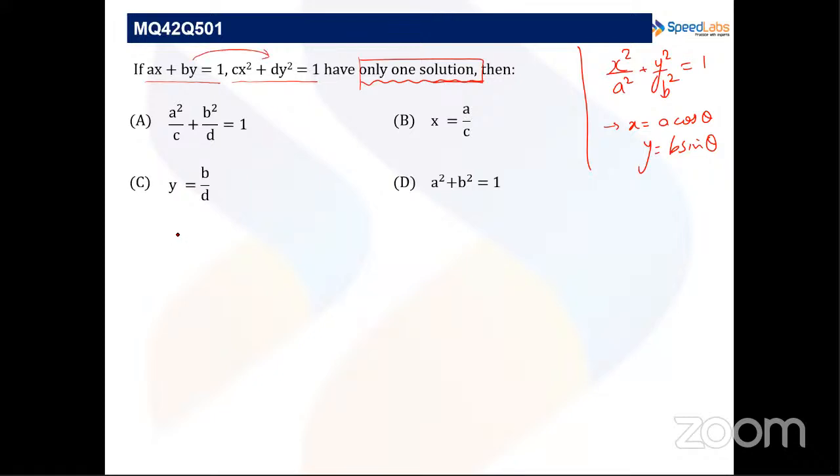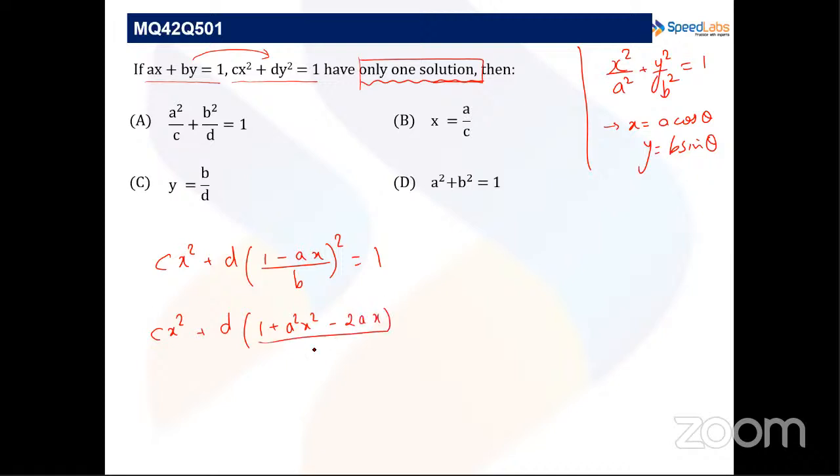If we substitute the value of y, we get cx square plus d times (1 minus ax upon b) whole square equals 1. On simplifying, it will be cx square plus d times (1 plus a square x square minus 2ax) upon b square equals 1.